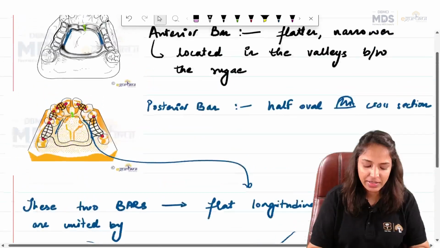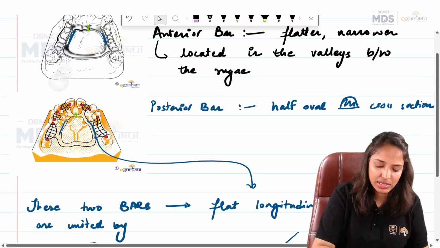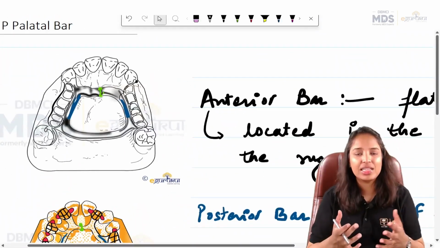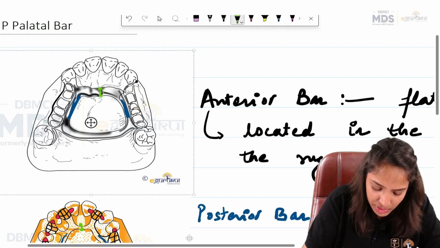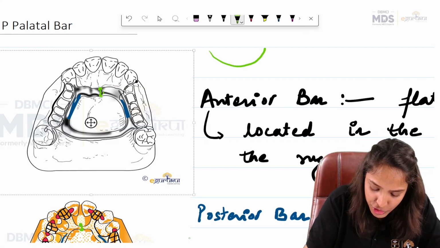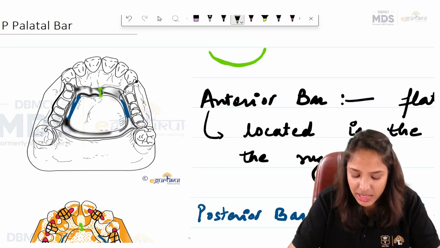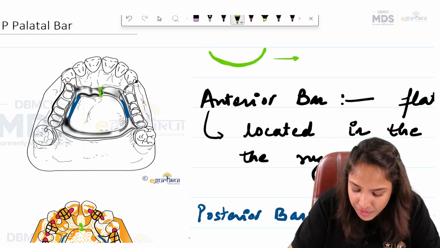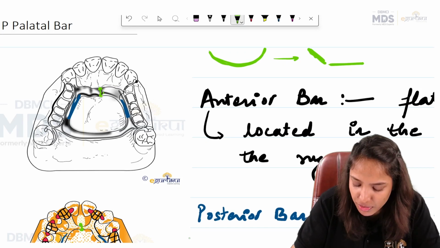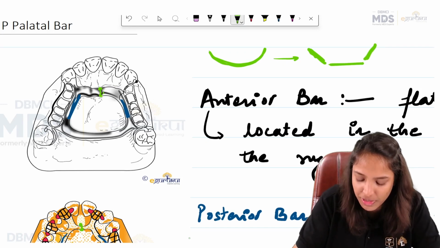If you identify the same over here in our prosthesis, we can see that the maxillary palate is generally, as I'm drawing over here, U shape like this. Now, for our understanding, I can just translate it into 3 different planes: this slope of the palate, this horizontal part of the palate, and the other slope of the palate.